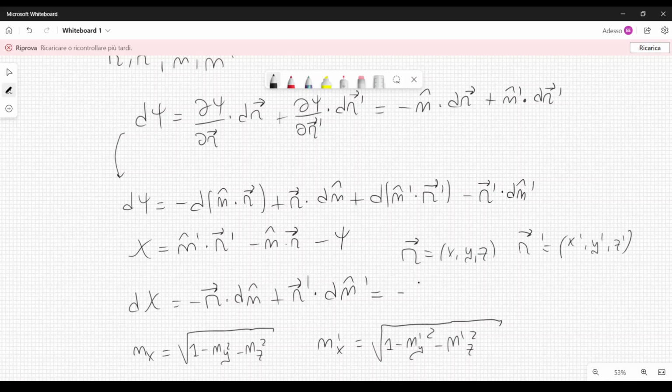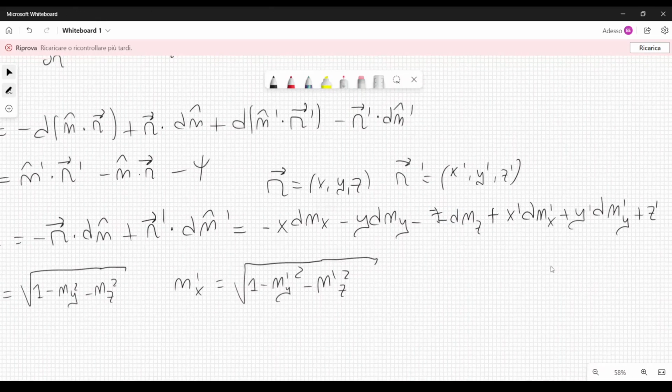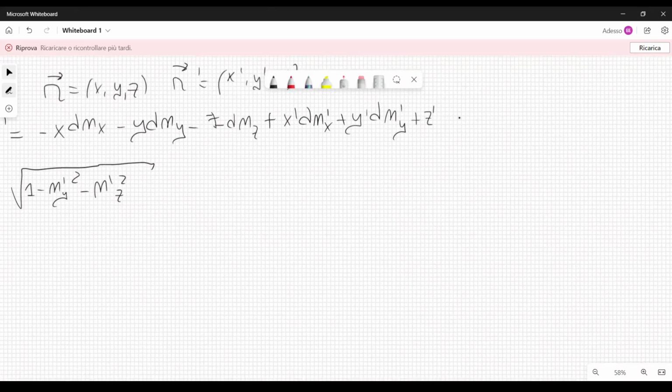So we can rewrite this as minus x dnx minus y dny minus z dnz, and here we have plus x prime dn prime x plus y prime dn prime y plus z prime dn prime z.